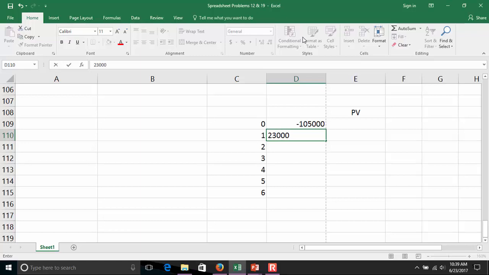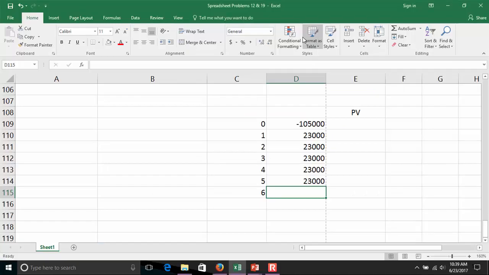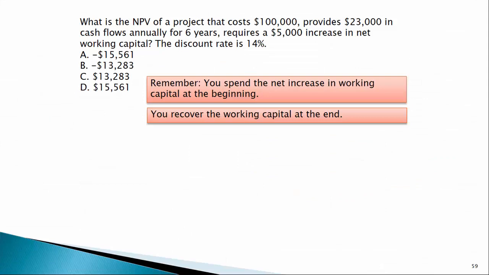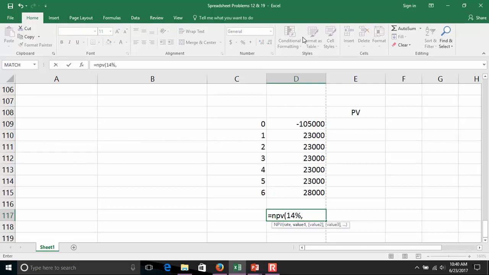Then we're going to make $23,000 a year every year for 5 years. And then at the end, we're going to make the same $23,000, and we're going to get the $5,000 in net working capital back. So we actually get $28,000 at the end. And at a discount rate of 14%, I'm going to solve it using Excel, but you could put these in your cash flow button, cash flow 0, 1, 2. I guess you would probably put in cash flow 1, and then you've got 1, 2, 3, 4, 5 of these.